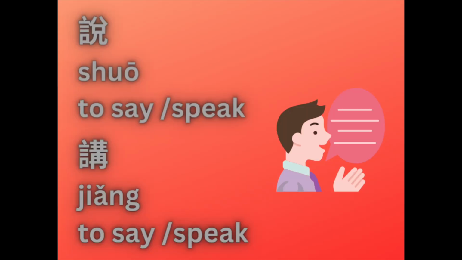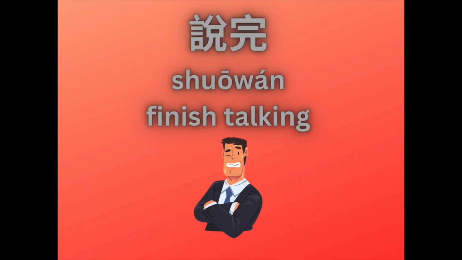Then the last one is another verb I haven't mentioned before, 说. 说 means to say, and another word for to say is also 讲. Especially in Taiwan you would hear 讲 more than 说. 说完 means to finish talking. 你说完了吗? Have you finished talking? Yes, 说完了, I have finished talking. If you haven't finished talking you would say 我没有说完, I haven't finished talking.